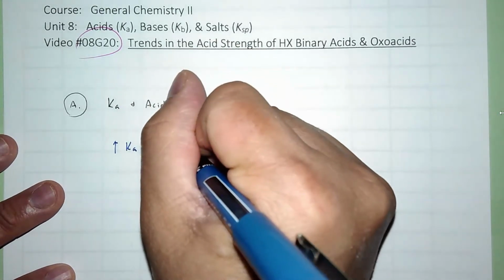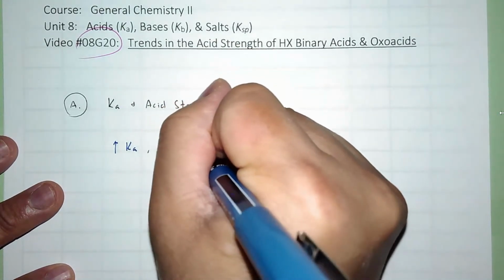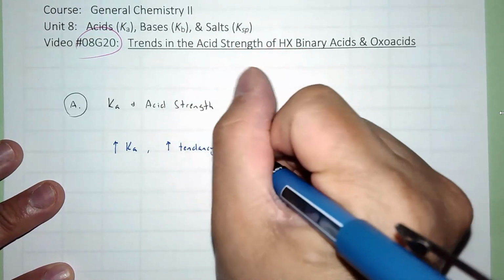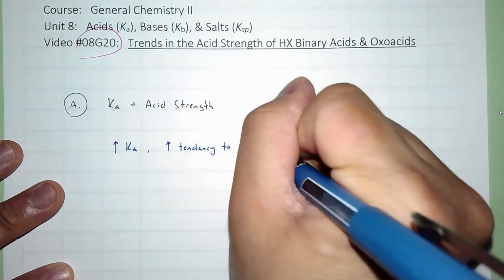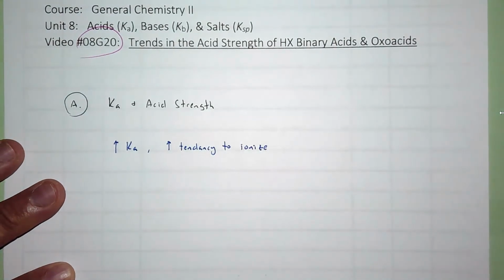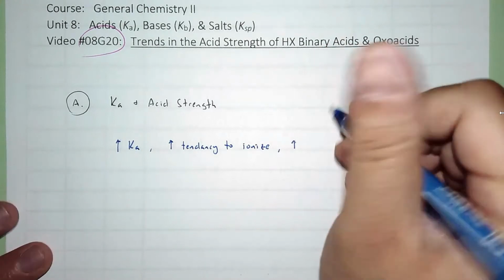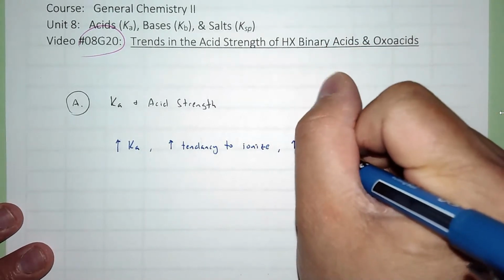So we could call this the tendency to ionize. And as that goes up, the strength of the acid goes up.